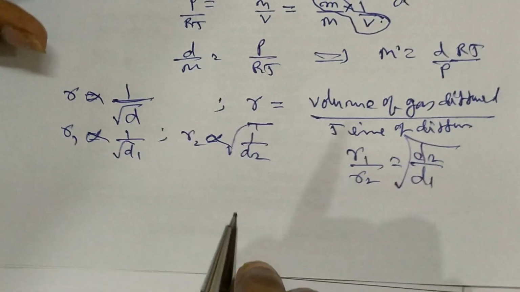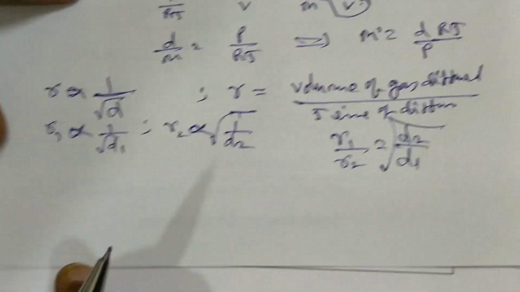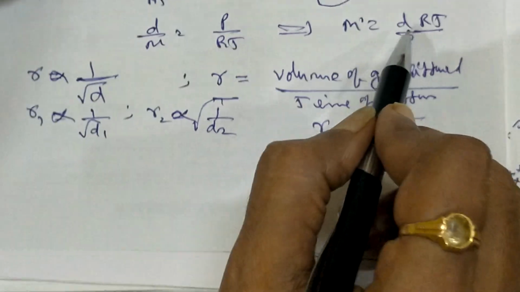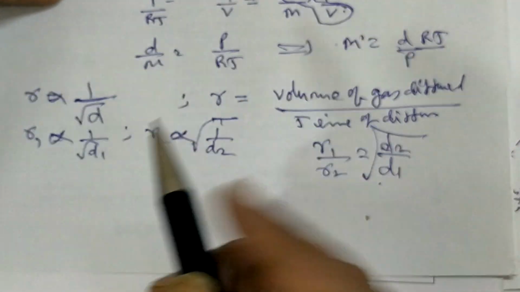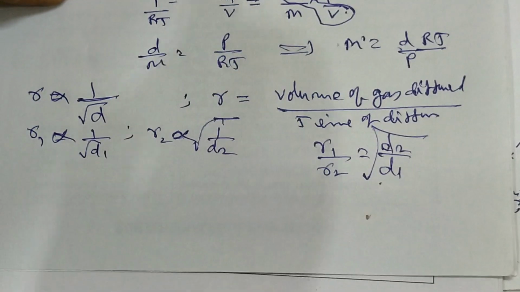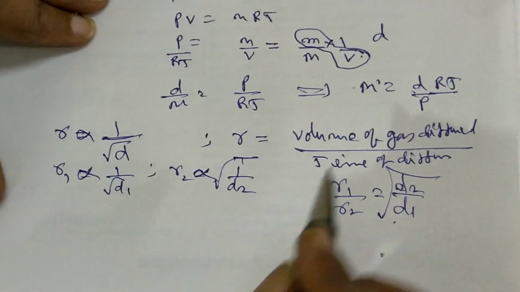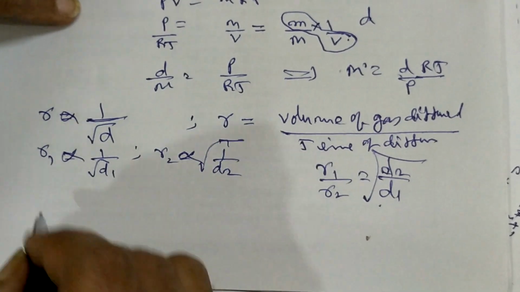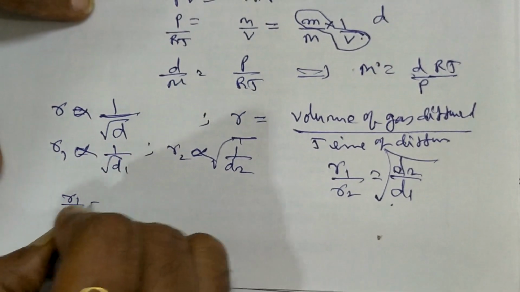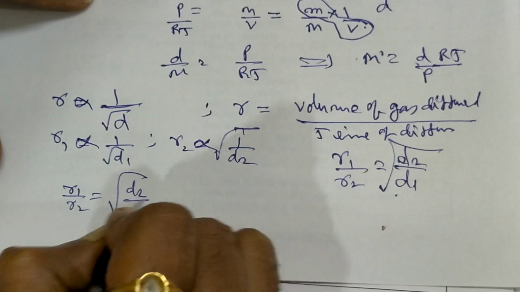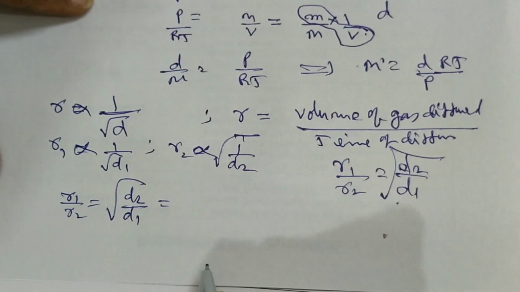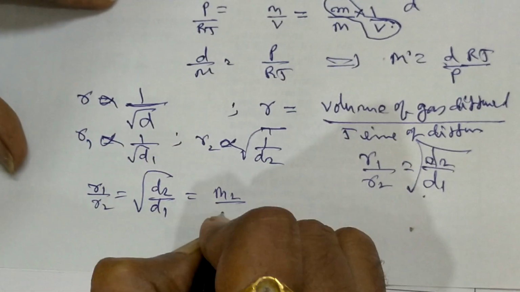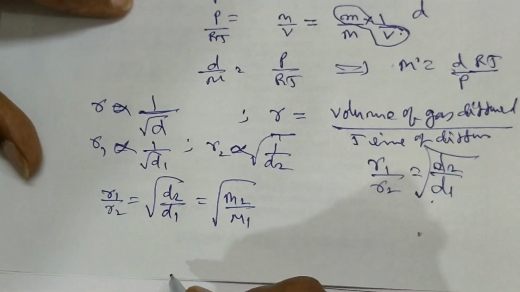If I express it in terms of molecular mass, we have seen here that d and M are directly proportional at constant pressure and temperature. So r1 by r2 equals root of d2 by d1, or we can express it as root of M2 by M1.